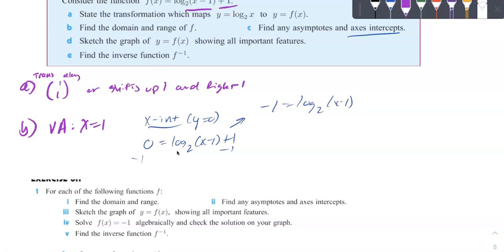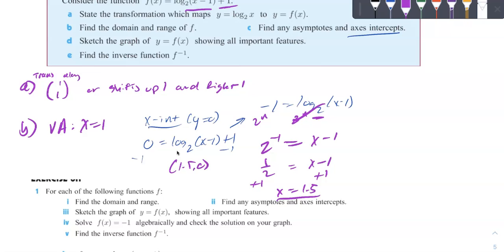The way we solve this, you take the base of both sides, 2 to this side, 2 to this side. So I get 2 to the negative 1 equals, cancels out, x minus 1. So it's 1/2 equals x minus 1. Add 1 to both sides. x equals 1.5.